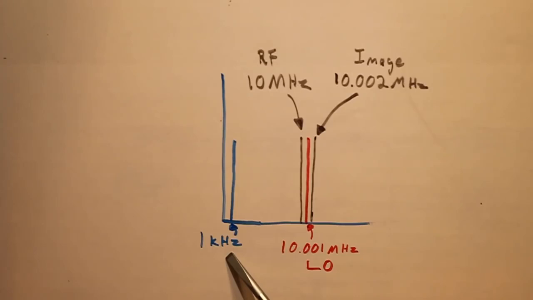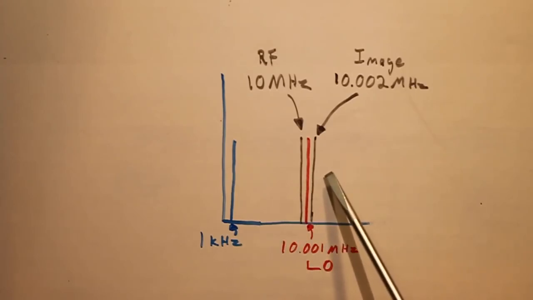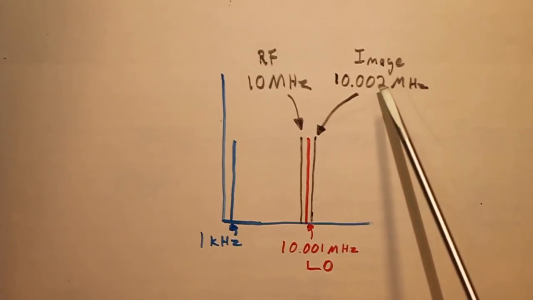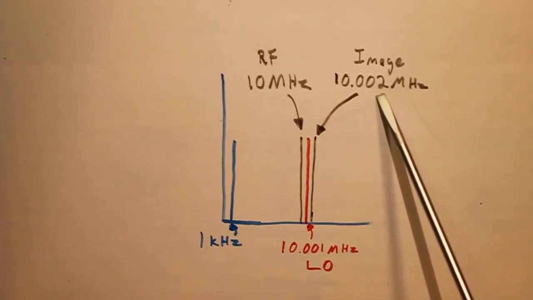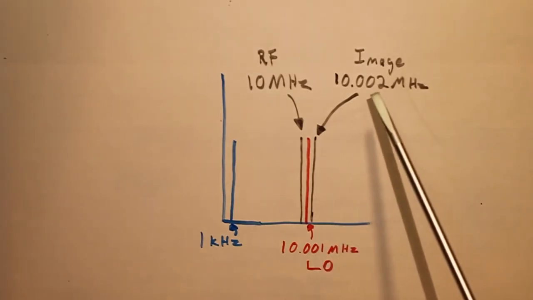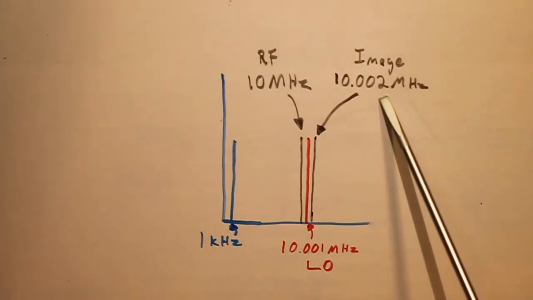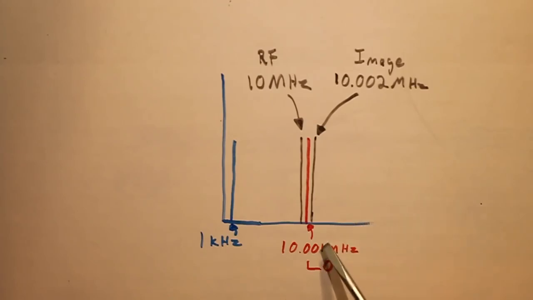However, because the mixer will produce both the sum and the difference of any frequencies that it sees, if there is another transmitter transmitting 1 kilohertz above our local oscillator at 10.002 megahertz, well, that also will generate a 1 kilohertz tone.